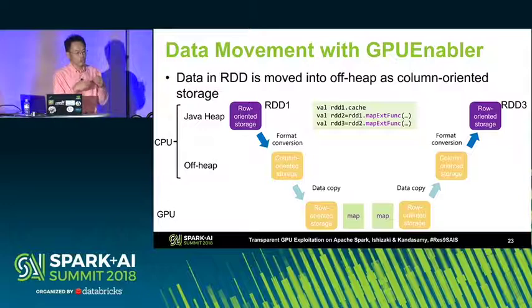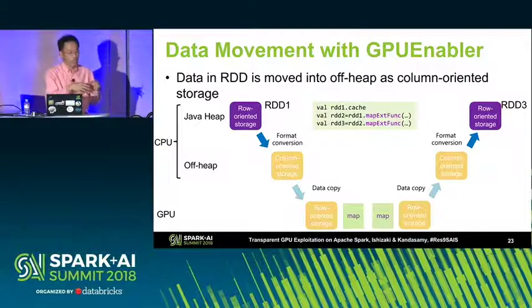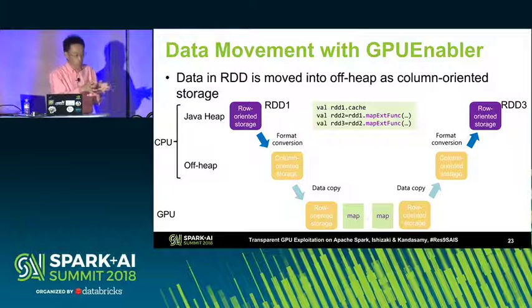So when GPU enabler knows that RDD will be used in the GPU, GPU enabler starts data conversion from the row-oriented storage to column-oriented storage. At the same time, GPU enabler moves the data from Java heap to off heap.